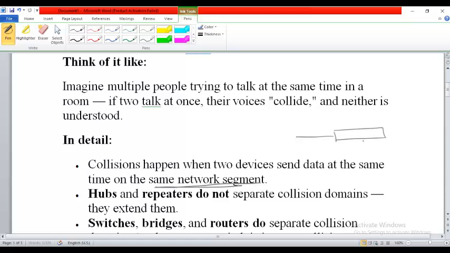So you will have members of the switch in the same network. Members of the switch will be in the same network. See, they say same network segment. If this is 10.0.0.1 and 10.0.0.2, 10.0.0.3, 10.0.0.4, 10.0.0.5, they are on the same network.